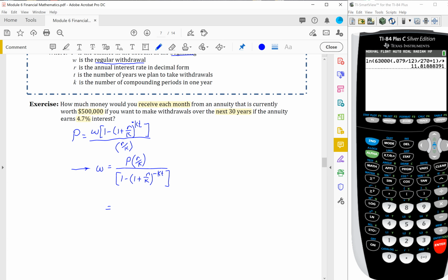So your P, your starting balance, was that $500,000, times your interest rate written as a decimal, divided by 12, divided by 1 minus 1 plus your interest rate, divided by 12, raised to the negative 12. And again, we're saving this for 30 years that we're in payout.